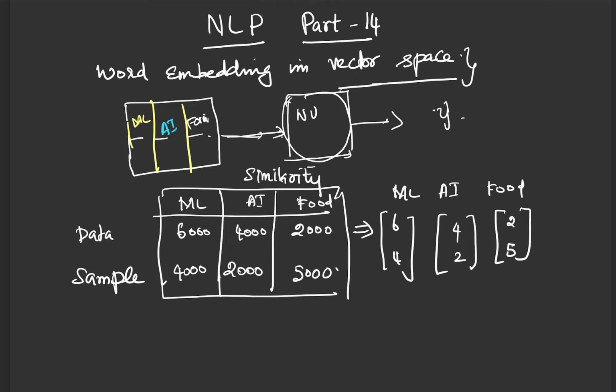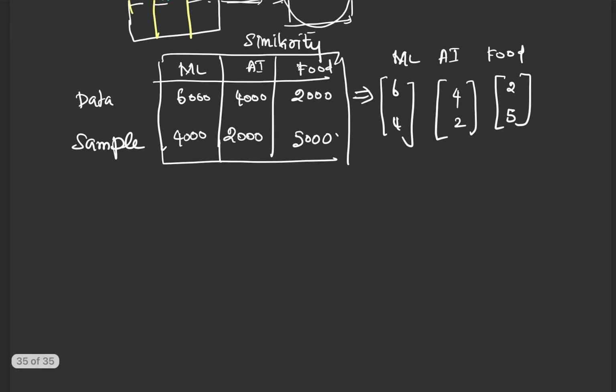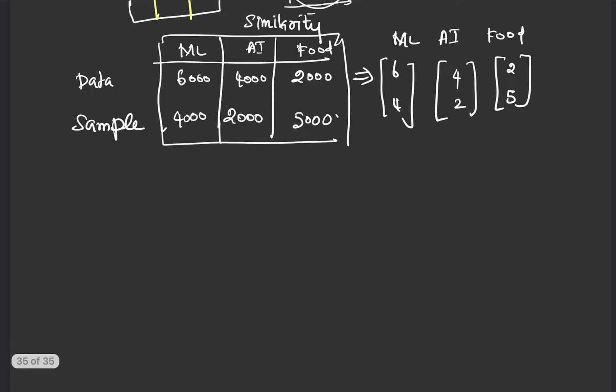Now, can we use this 2-dimensional vector space to represent these 3 documents in a plot, so that it is easy for us to visualize how these words are represented in the vector space? In the vector space, we can take data on one axis and sample on another axis.